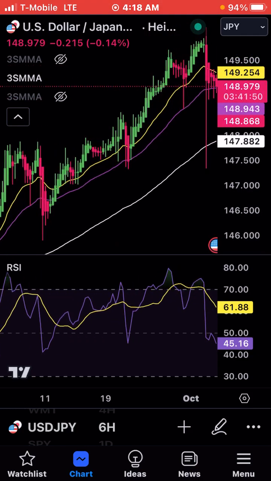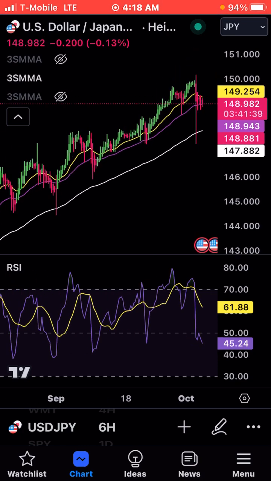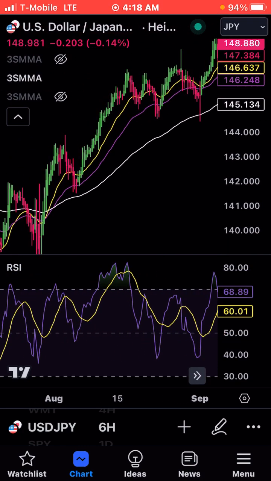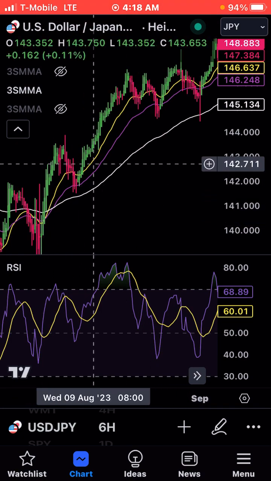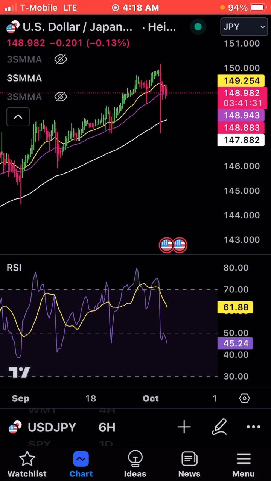The only thing you have to do next, after you figure out the overall trend, is focus on it. Let's say the overall trend right now for the Japan yen is up. The signal has been going up since here, but it could go down or up either way.